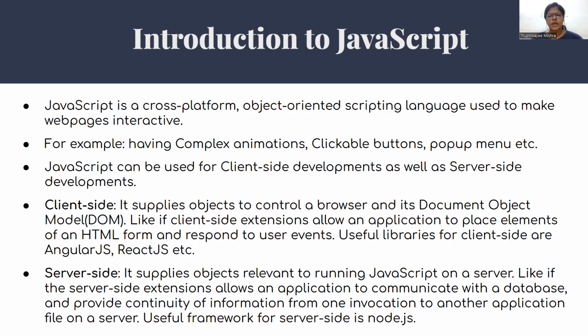On the server side, it runs JavaScript on a server. It allows the application to communicate with the database and pass information from one file to another. The framework used on the server side is Node.js.